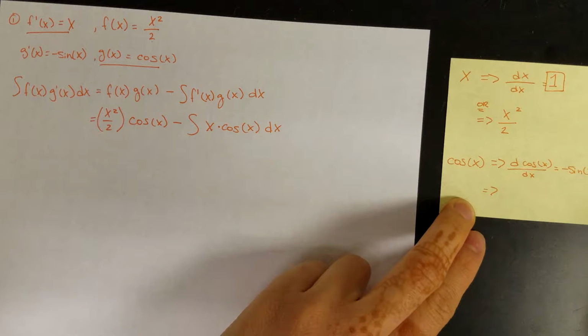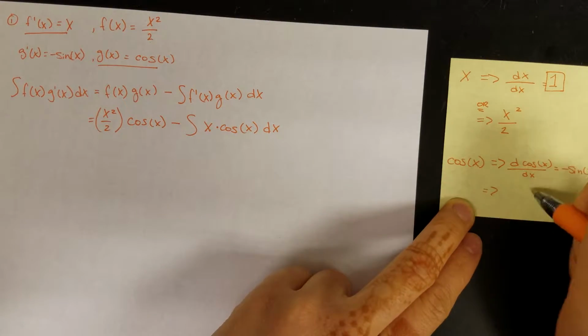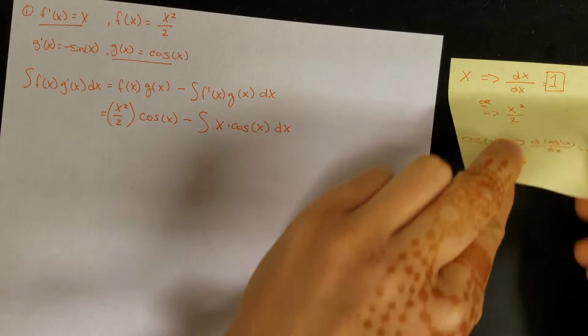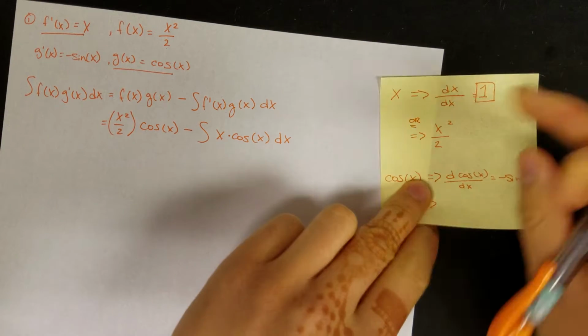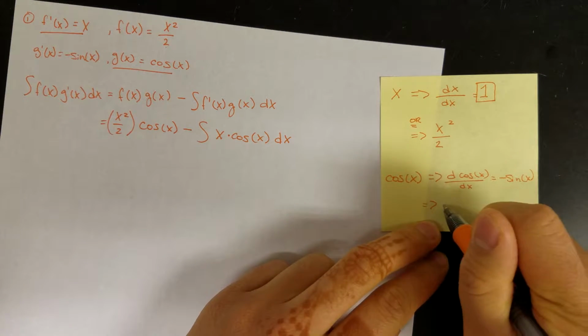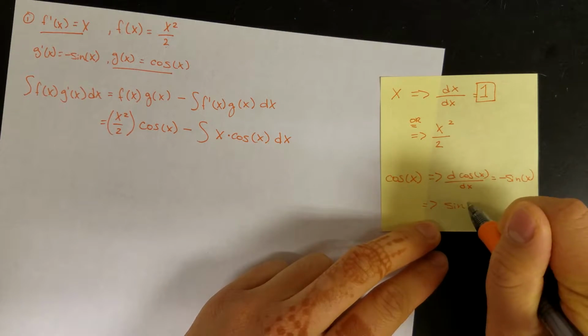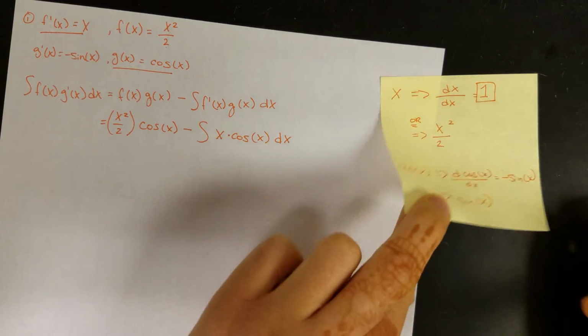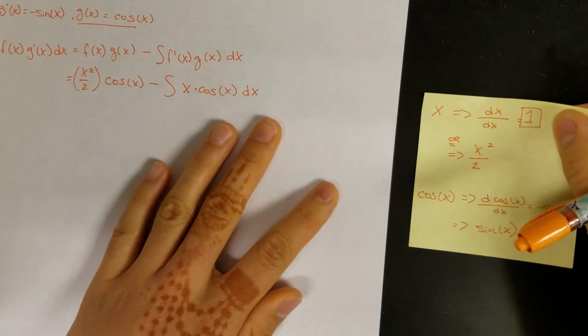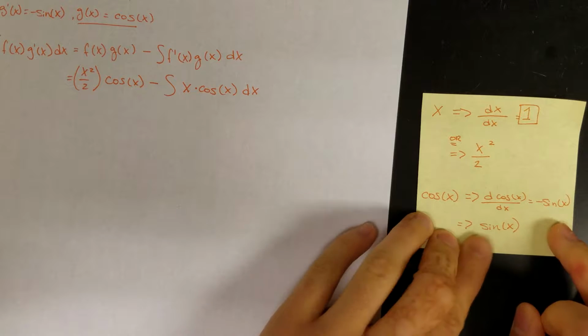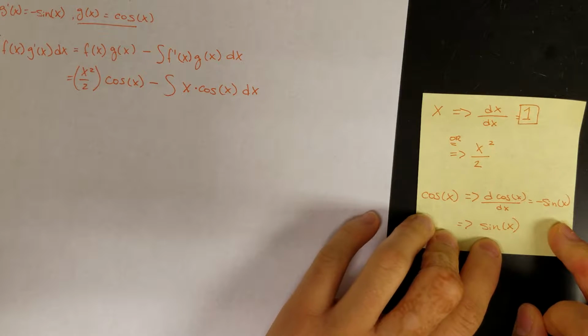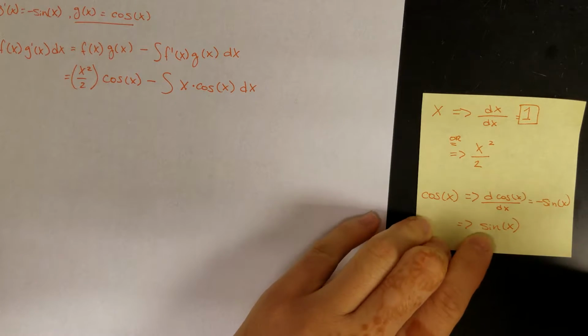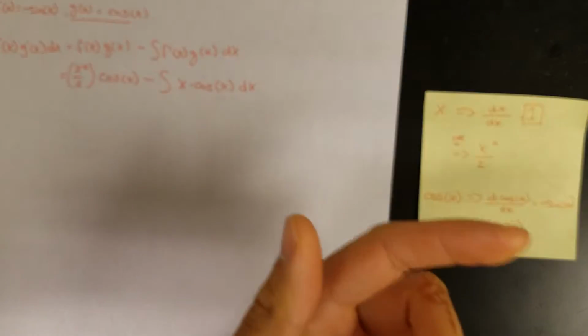But from previous lessons, we do know that the integral of cosine is equal to sine of x.